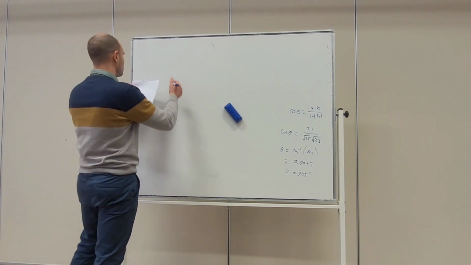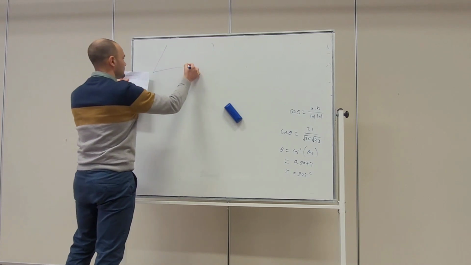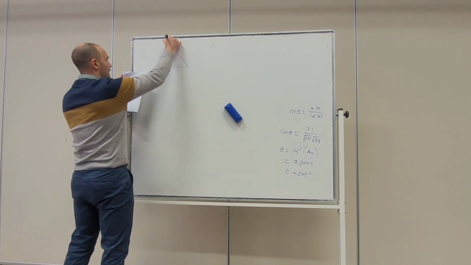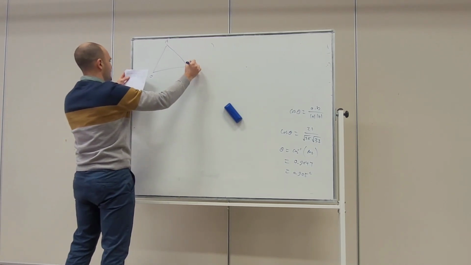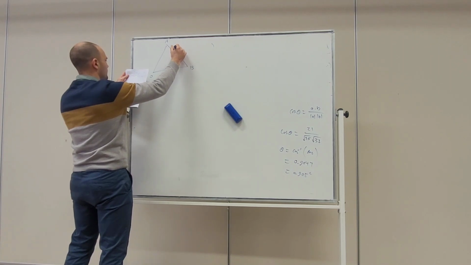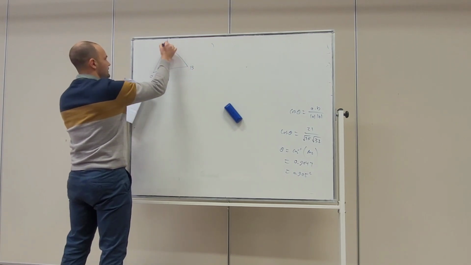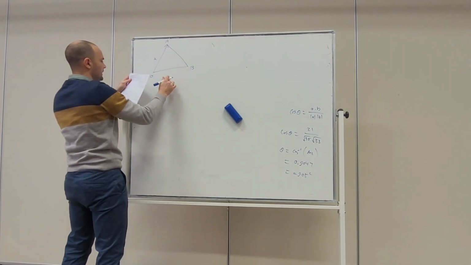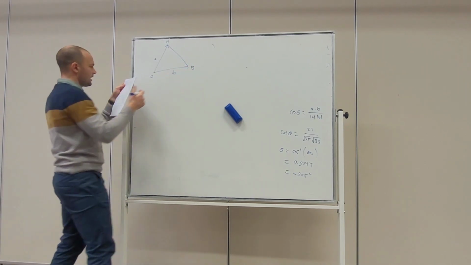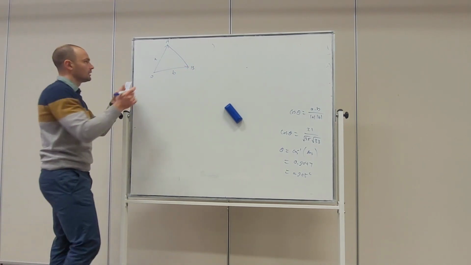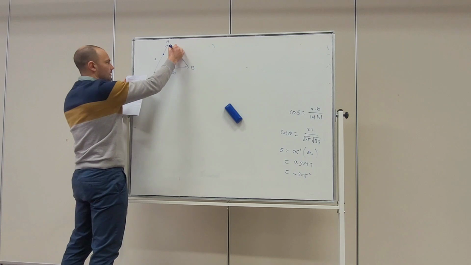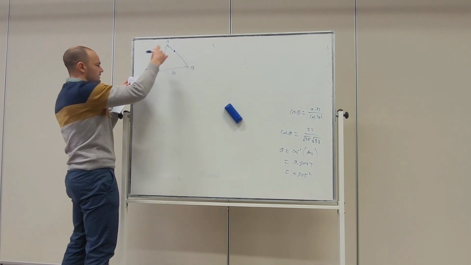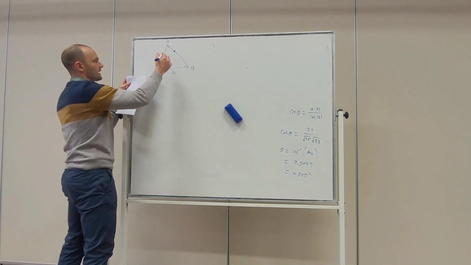So we have, consider triangle OAB, and we have OA is A and OB is B. Points X and Y lie on OA and AB such that OX equals 4XA.